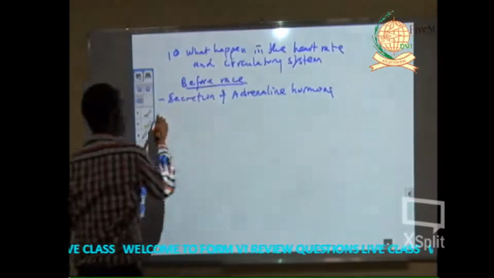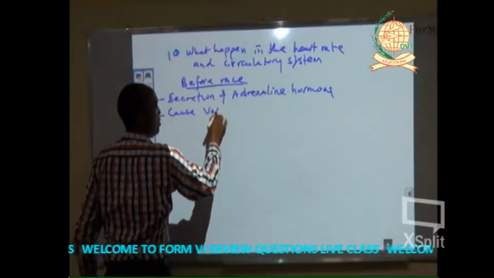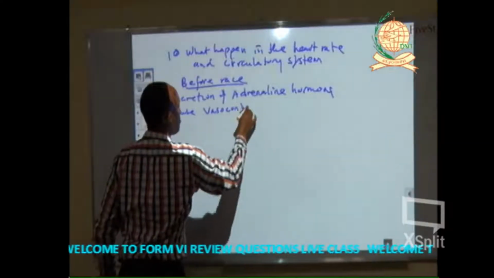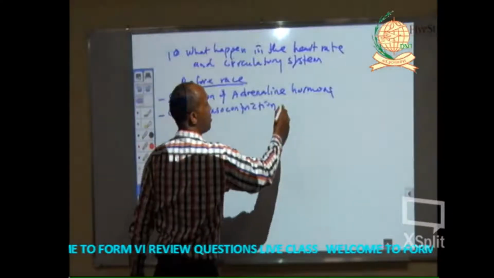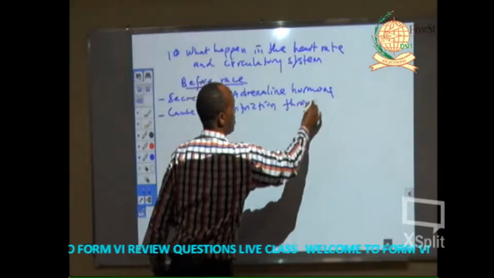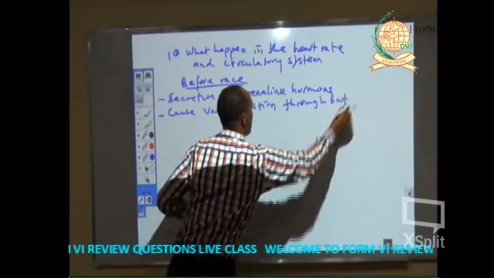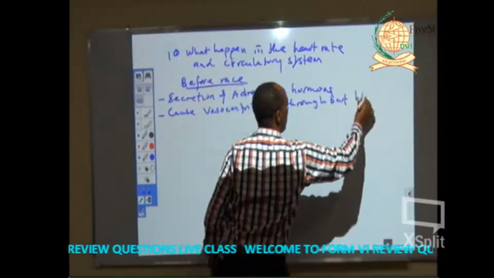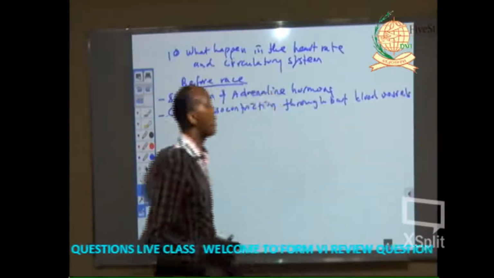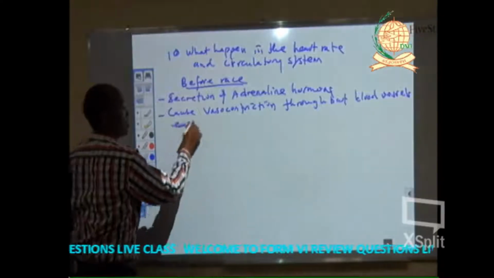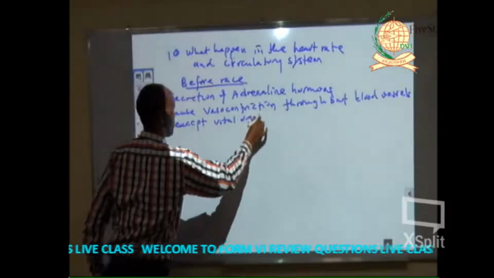This adrenaline causes vasoconstriction throughout the blood vessels, except in vital organs.